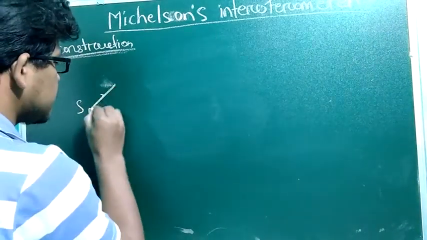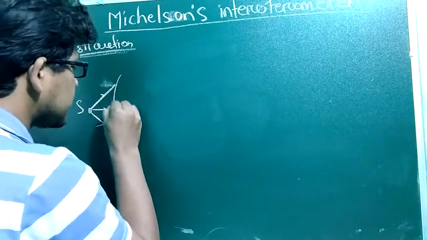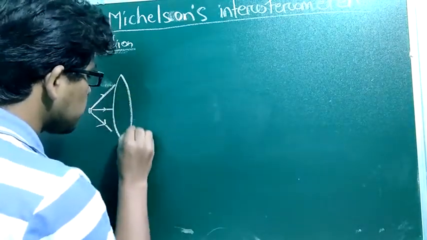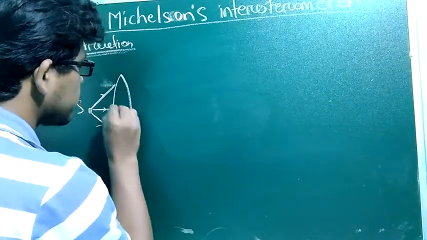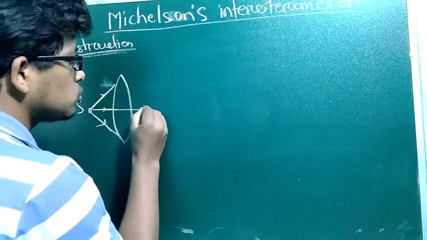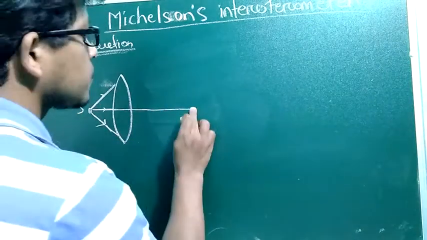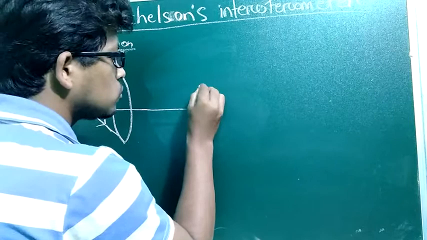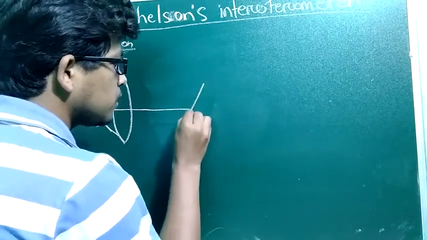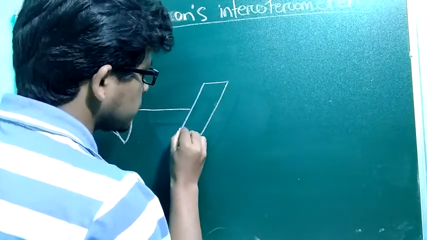So this is extended. We need to make the light parallel. That's why I introduced one convex lens so that my waves will be parallel. And this wave will go to the normal. After that he took one mirror, a semi-silver mirror.